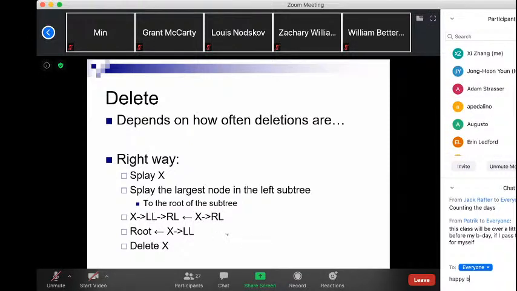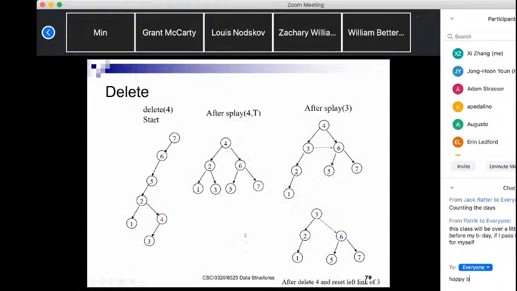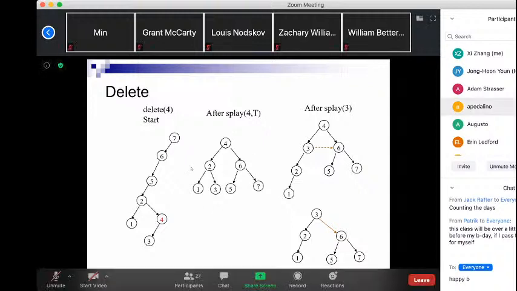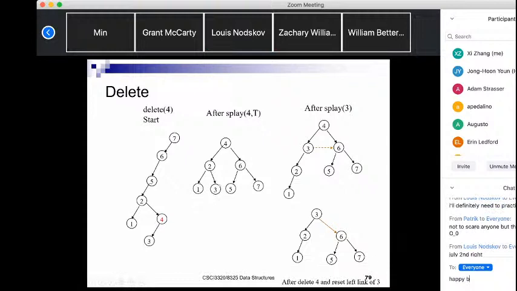As an example, for the delete 4 operation, we'll make 4 the root of the tree. Once 4 is the root, we find the largest element in the left subtree, that's number 3, and splay it within the subtree. Splaying makes 3 the root of that subtree, with 2 as its child and 1 as a child of 2.